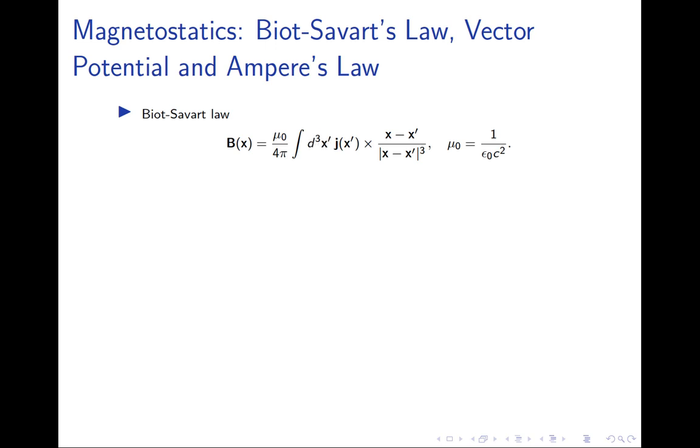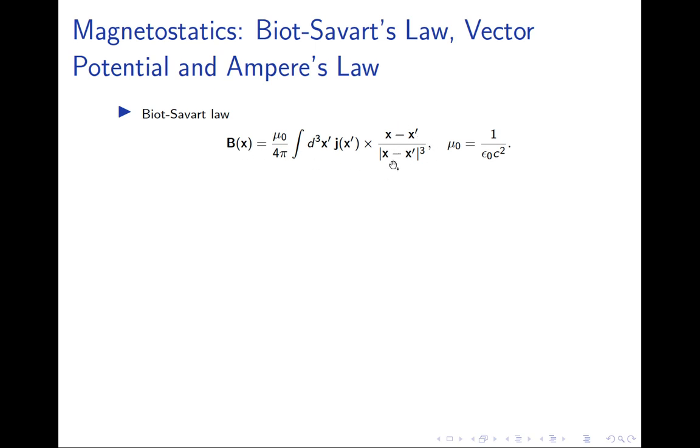So this is a current element, and it says that the magnetic field produced by a current element is given by the current element times R over R cubed, where R is the difference between the location of the field and the location of the source. That vector, which usually people call R, I'm calling x minus x prime, divided by R cubed. So it's an inverse square law.